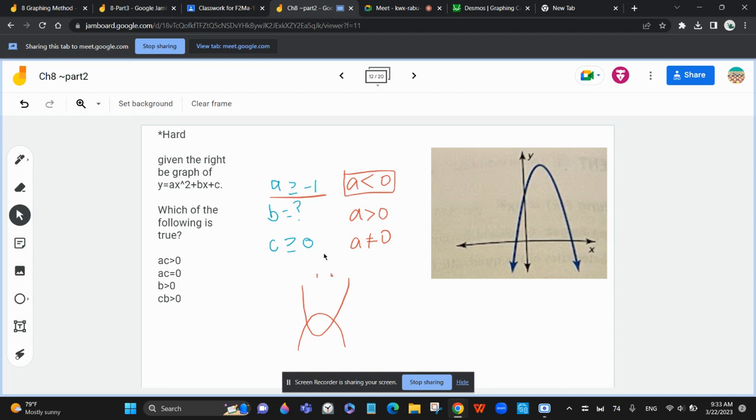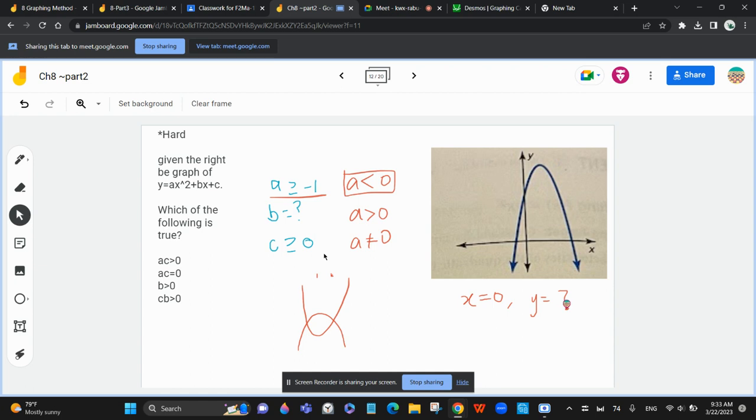And then the C, we can see from the graph. So I can ask you, what is the value of y when x is equal to zero? So when x equals zero, what is y?